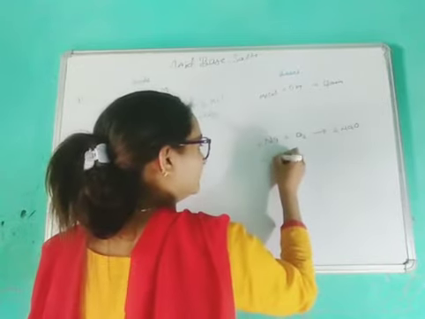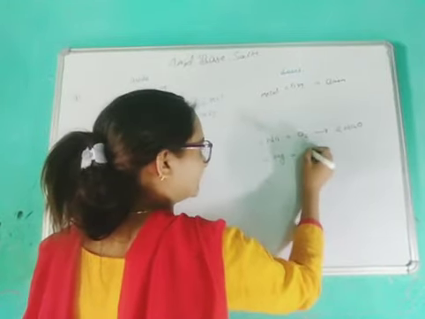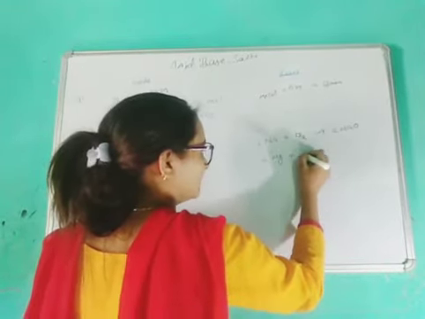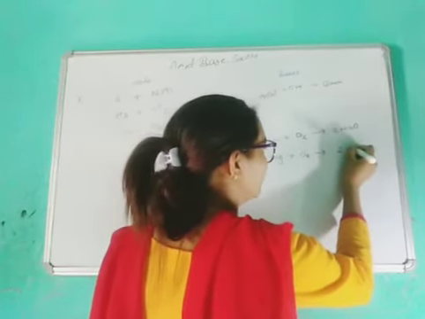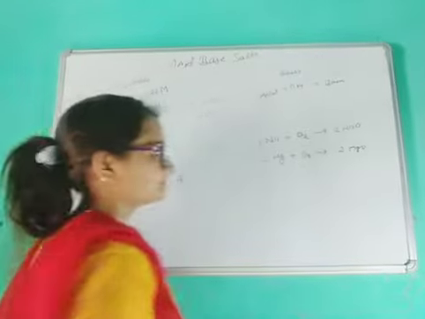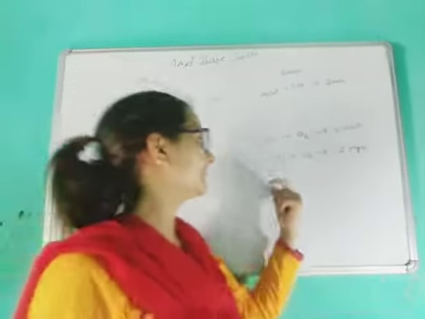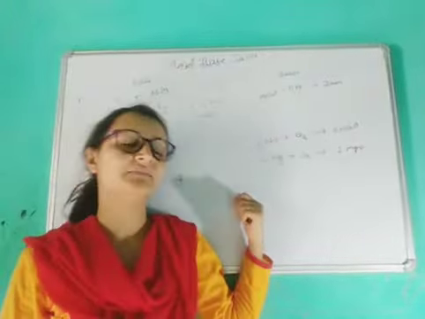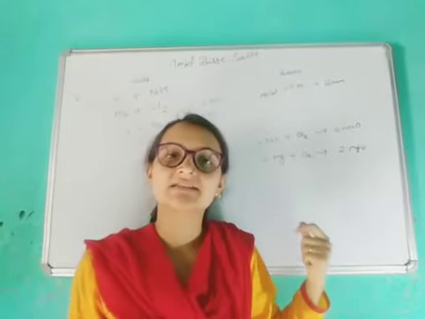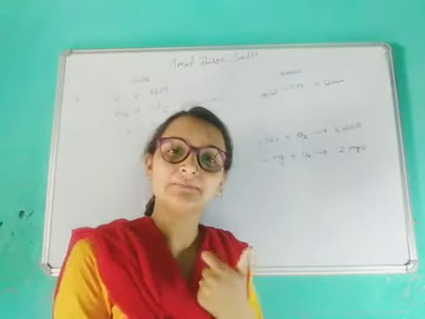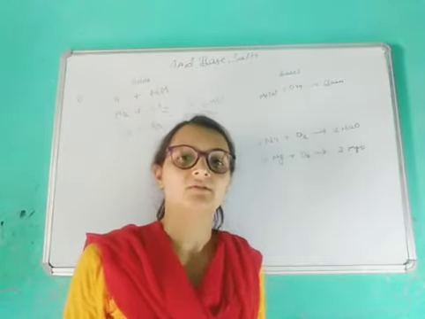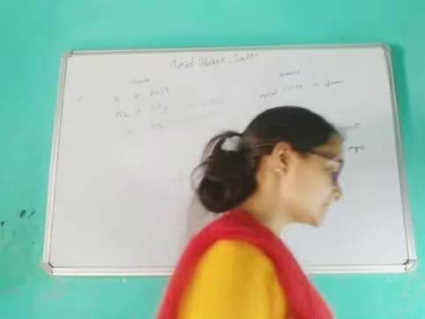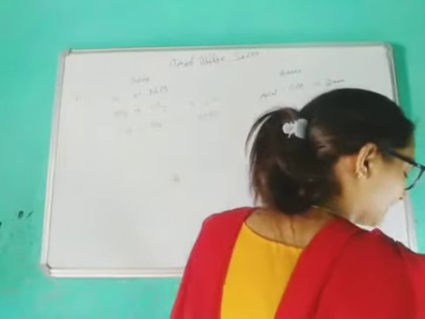If you react magnesium plus O2, it will form 2MgO. Similarly, you can put here aluminium, iron, calcium, copper. These are all metals. They can react with oxygen and form the basic oxides. So this is the generally very simple method.